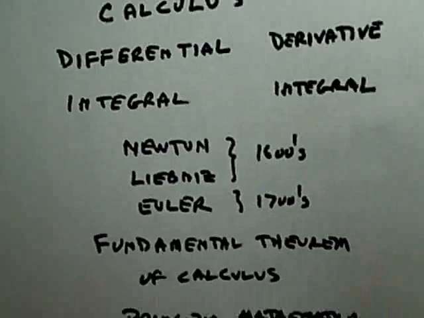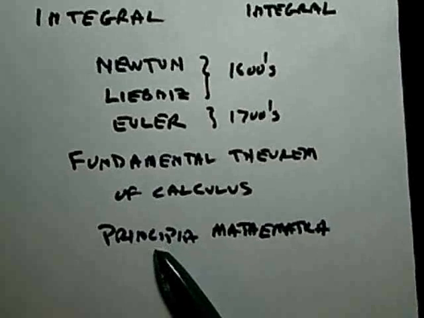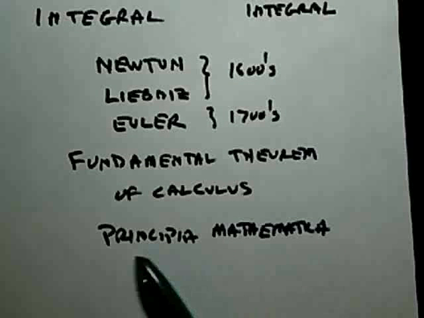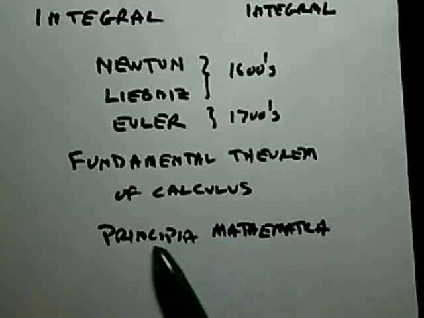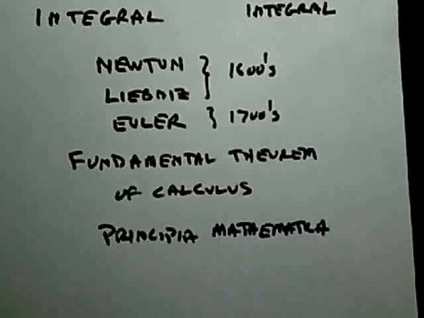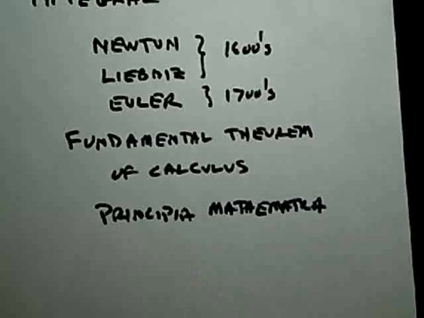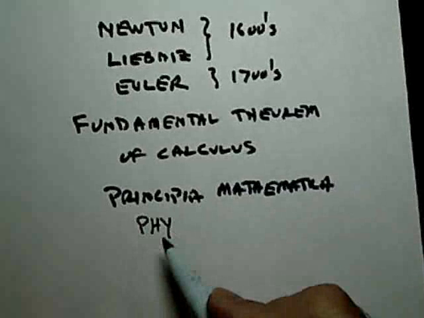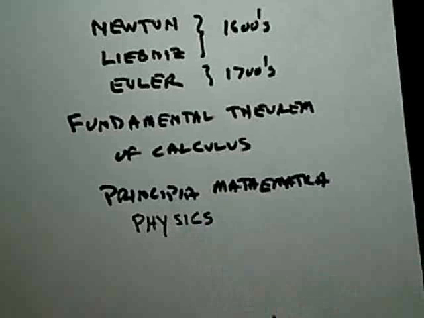The very first major scientific work on this, and some people consider it the greatest of all time, was Isaac Newton's book called Principia Mathematica. And this was the first treatment of Newton's approach to physics. And it became then the basis of much of the modern technology we have. He applied it particularly to astronomy, but he also applied it to several other branches of science at that time too.